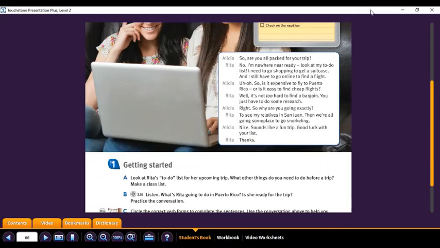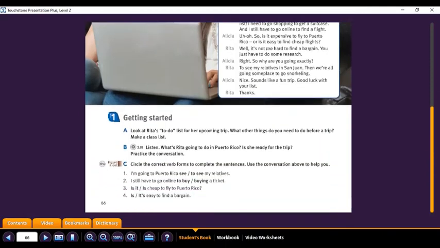In general, do you think that Rita is ready? Yes or no? Maybe she needs the address of her relatives or the place that she needs to go. Exactly, yes, maybe she needs that.